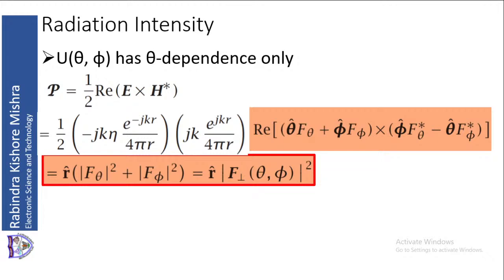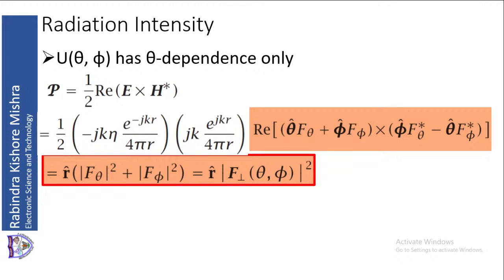This is the part that I have highlighted, real theta cap F theta plus phi cap F phi cross phi cap F theta star minus theta cap F phi star. If you multiply that, theta cap cross phi cap is equal to r cap, and phi cap cross theta cap gives minus r cap.